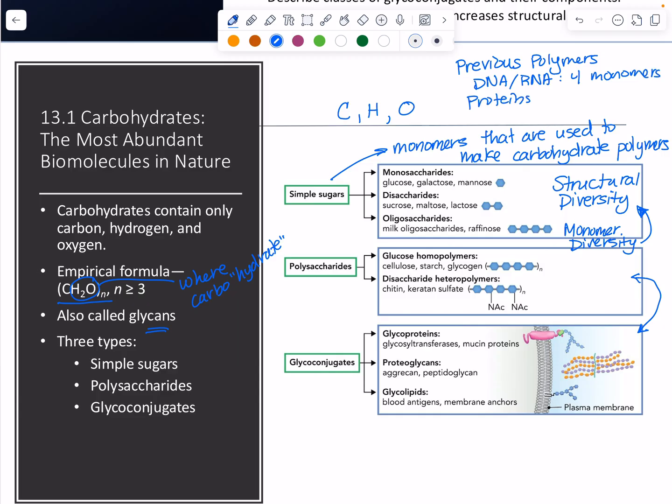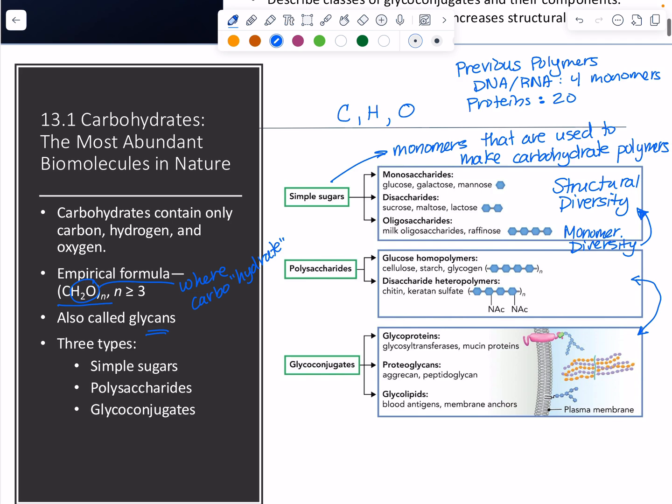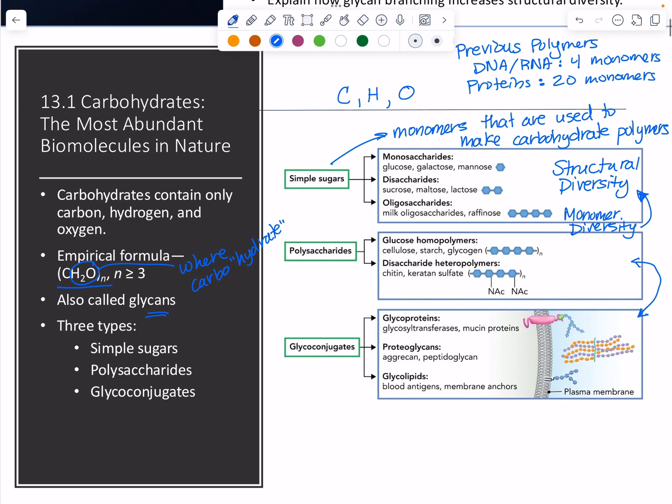Proteins, we have more diversity because we have 20 monomers. With carbohydrates, we have many more different types of monomers, almost an infinite diversity in terms of the basic building blocks themselves. They can be chemically modified, and they can link up in different ways. So carbohydrate polymers have the most structural diversity of any of our classes, and that makes them very good for the purposes of specific molecular recognition, as we'll see when we talk about function.